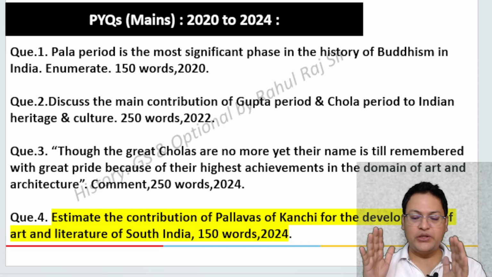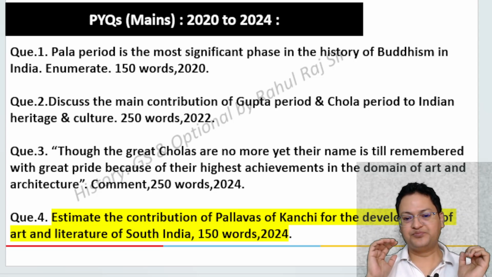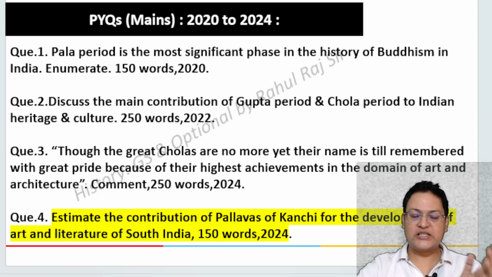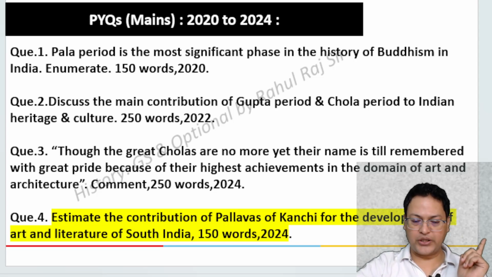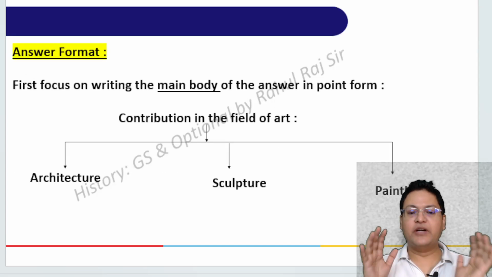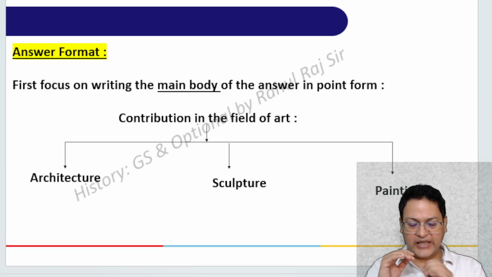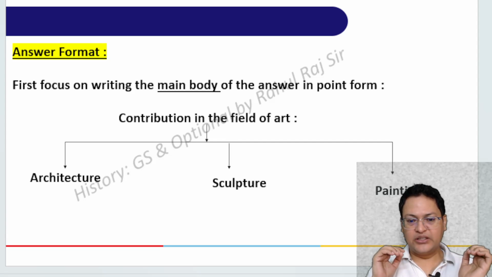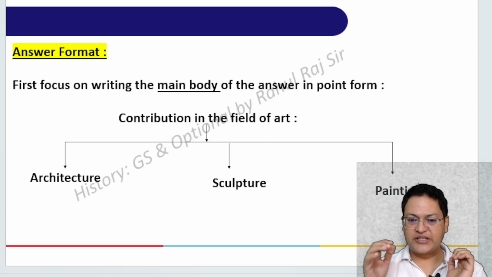Once you do this, automatically you will learn how to write intro and conclusion, right? So first we will try to write the body of this question. Now see, there are certain frameworks which are also applicable in history. For example, on any question on any dynasty, usually they ask contribution in the field of art and literature.